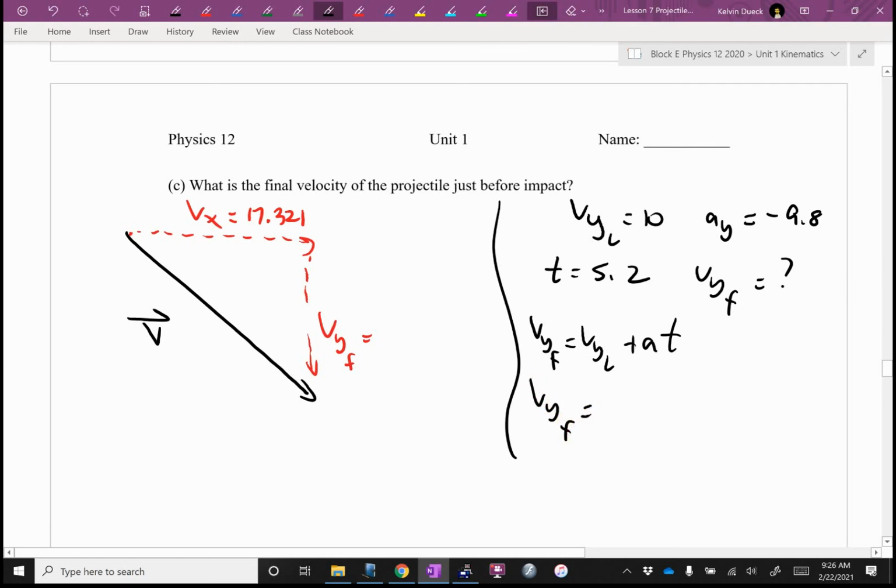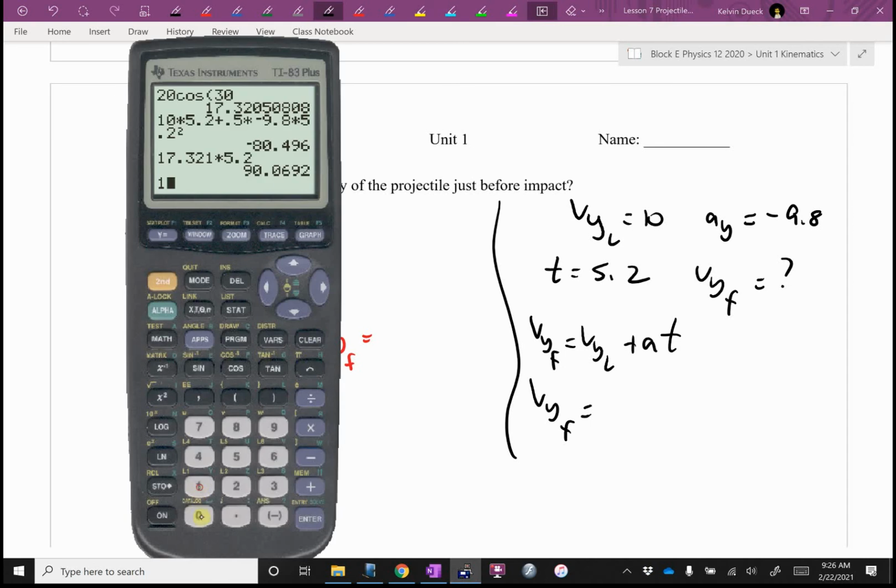Am I expecting a negative or a positive answer for Vy final? I think I'm going to get a negative. 10 plus negative 9.8 times 5.2. That seems way too fast. I get negative 40.96.